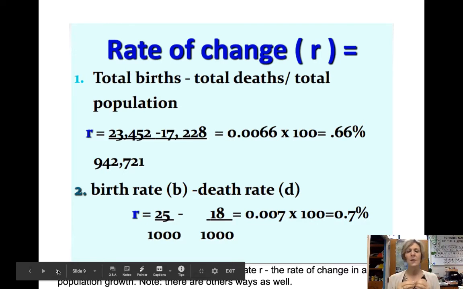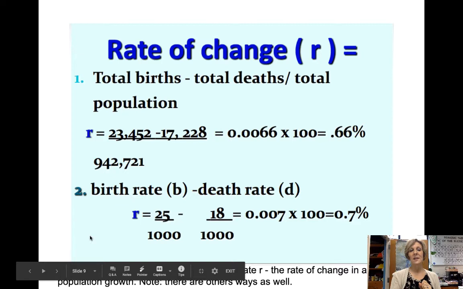First of all, there is a difference between births and birth rate, and deaths and death rate. A lot of times we are going to be focusing on the rate of change, which is little r. And there's lots of different ways that you can calculate that.